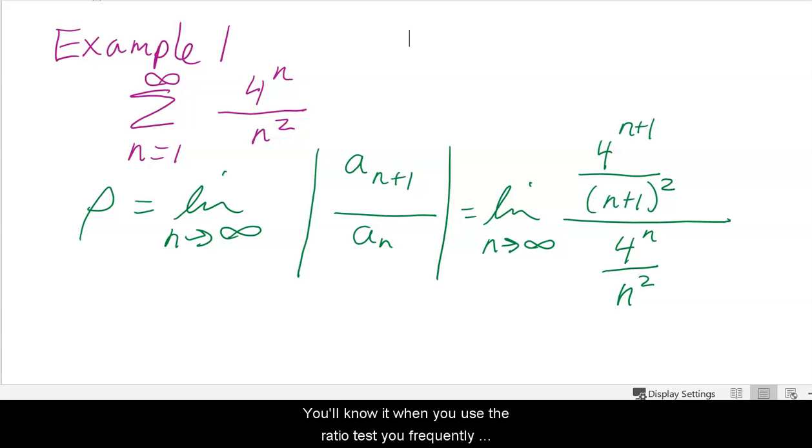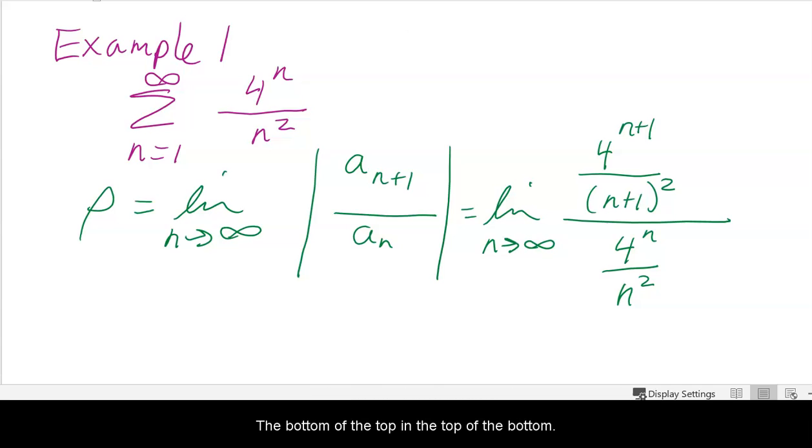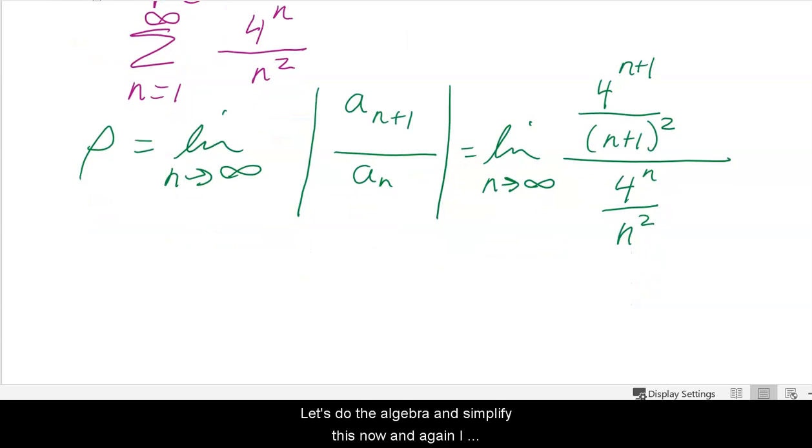You'll note that when you use the ratio test, you frequently will get complex fractions, fractions within fractions. This is quite normal. Just remember that the top of the top and the bottom of the bottom both end up on the top or in the numerator. The bottom of the top and the top of the bottom both end up in the denominator. Let's do the algebra and simplify this now.